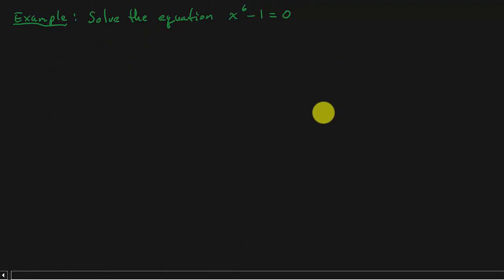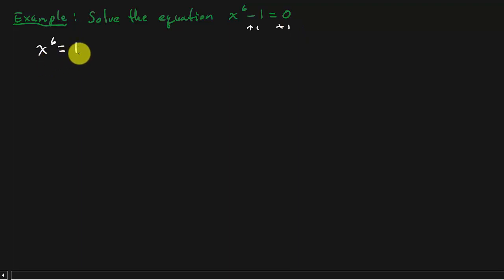This is solving an equation. We want to find all solutions. So we're going to find all 6th roots. Okay? So we've got x to the 6th is equal to 1. Let's see, if we add the 1 to both sides, so what's x? It's the 6th root of this, right?